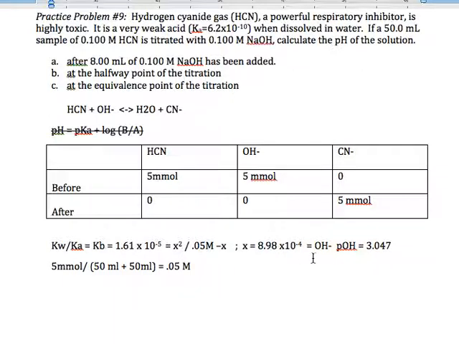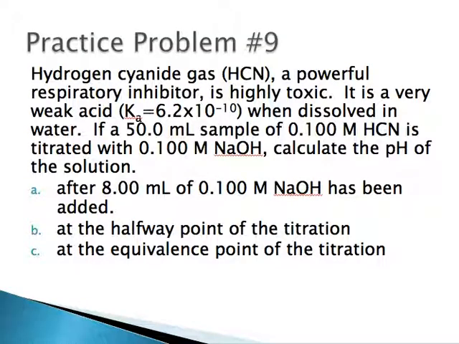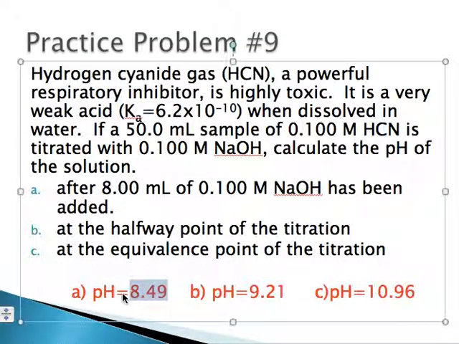But we need pH. Again, hopefully you remember that 14 minus pOH will give us pH. So our pH for the third one, we should have 8.49 for A, 9.21 for B, and 10.96 for part C.